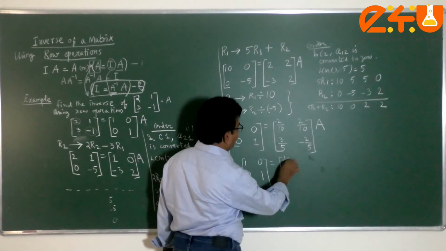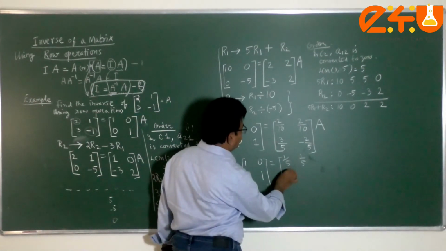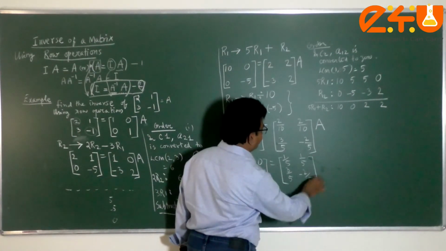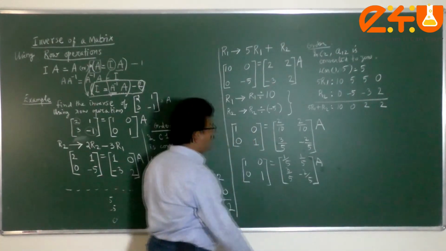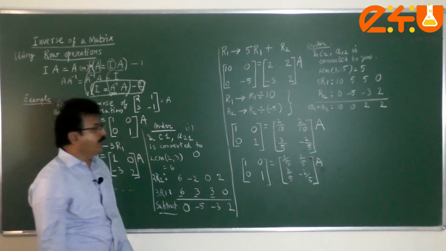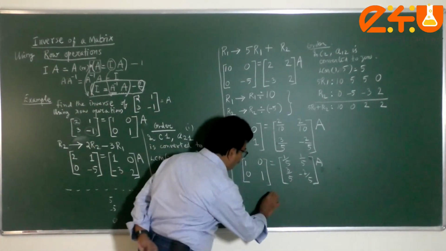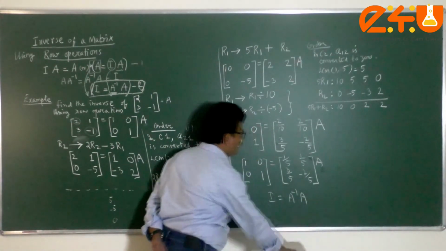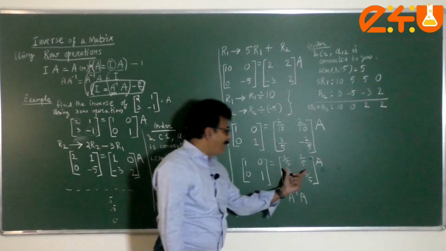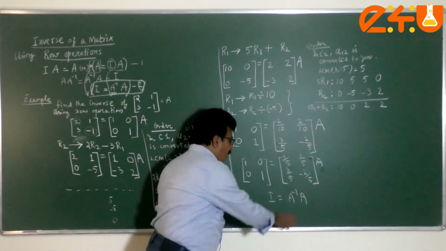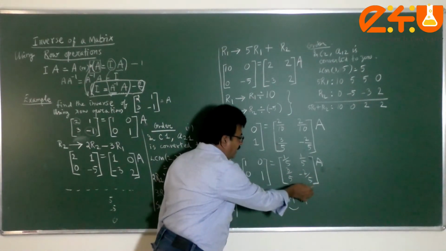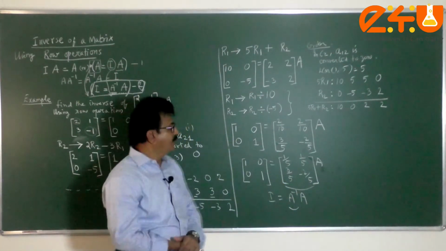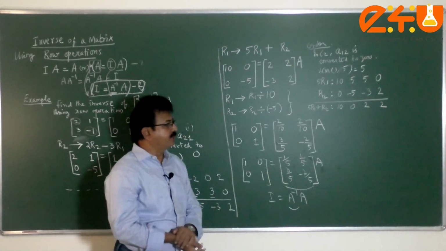It's possible. 1 by 5, 1 by 5, 3 by 5, negative 2 by 5 multiplied by A. Now, this is in the form of I equal A inverse A. So the matrix which is in the position of A inverse actually is the inverse matrix required. So we arrived at the answer.